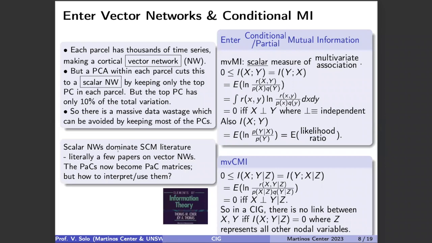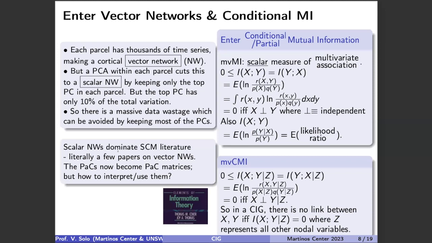Well, the story I told you with the partial correlations, the same story applies, but now I'm keeping those time series. What we do is a principal component analysis, let's say of several thousand time series in each parcel, and we keep enough components to maintain about 95% of the variation. That turns out to be on average roughly about 200 or 250. So we do get some dimension reduction, but it doesn't take you down to 1.